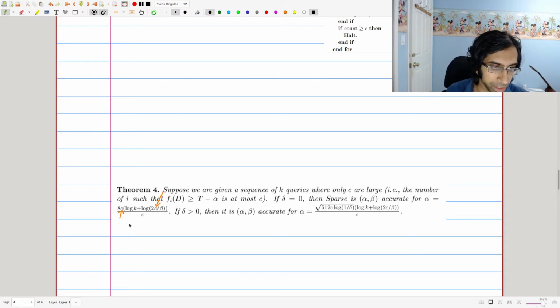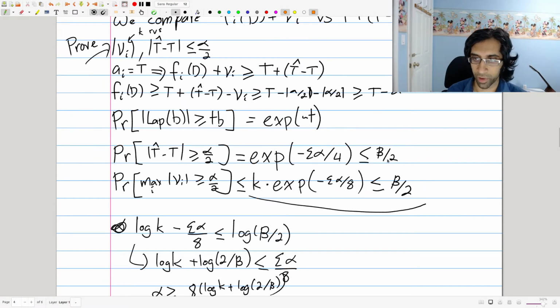Essentially, we're looking at the same accuracy guarantee that we had before, but the only differences are that this C comes up because we have a union bound. By that, I mean before we had that the probability of failure was beta over 2 for this. Instead you can set it to be beta over 2C here.